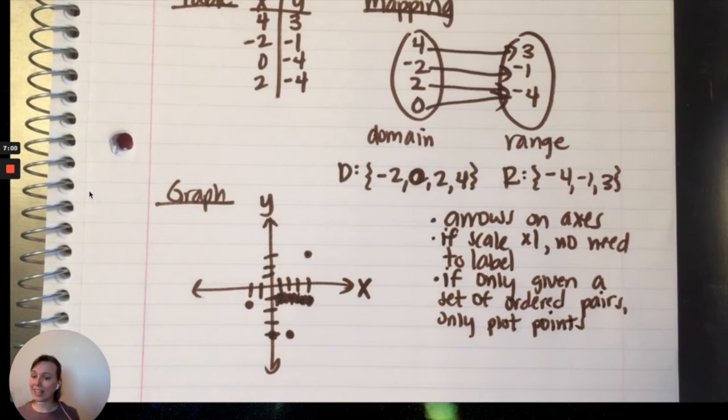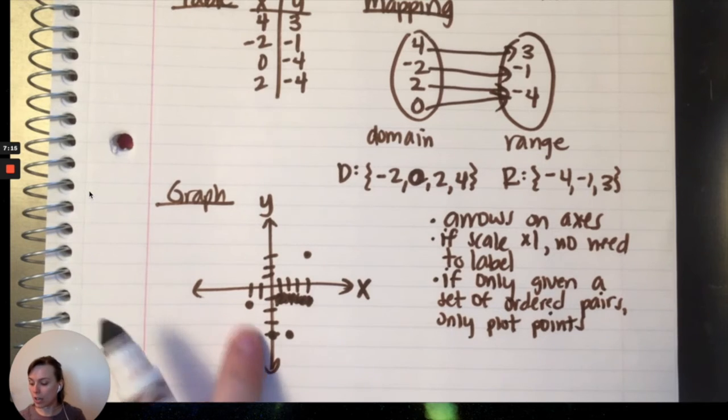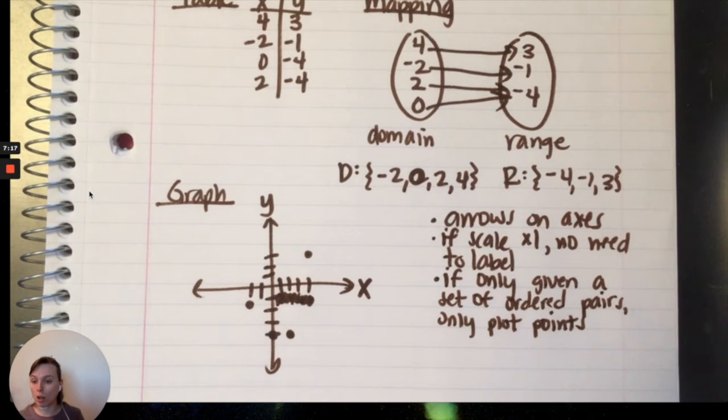So we were only given a set of ordered pairs. I was not given a pattern that these pairs have to follow. If I'm given a pattern, i.e. a function, if I have to give it a pattern, then I know I can connect them. There's infinite solutions to that equation, but because I'm only given 4 points, I can only plot 4 points, singular, no connecting them, that's it.